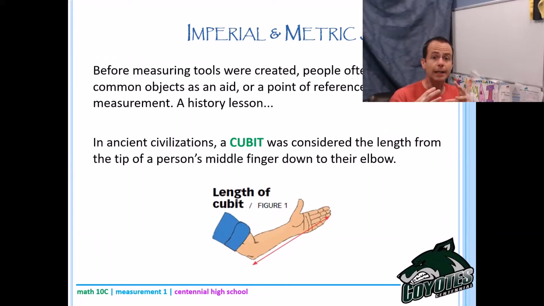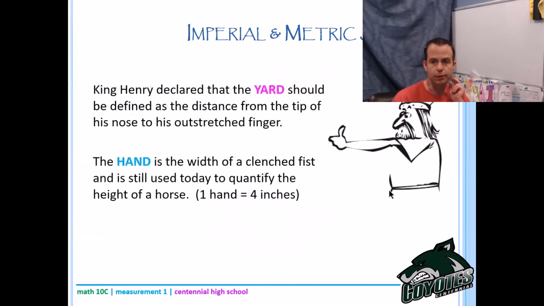If you look back at the ancient manuscripts of Noah's Ark, the Ark was measured in cubits. That's how old this phrase is, cubit, okay? So the length of your middle finger down to your elbow was considered a cubit.